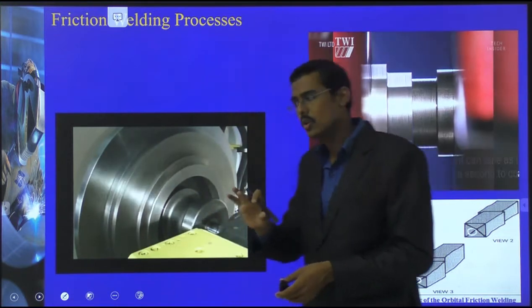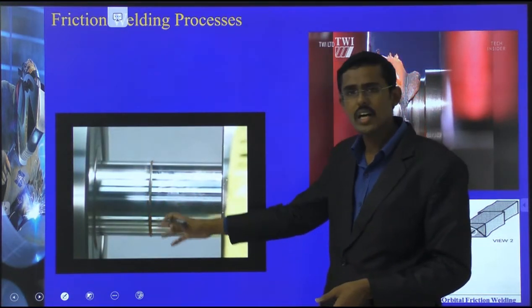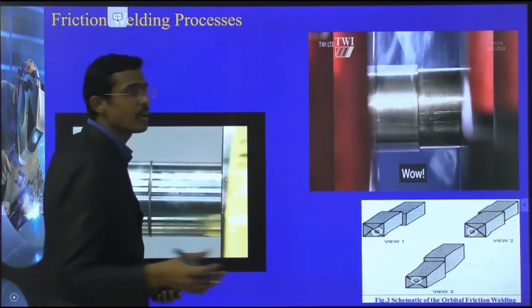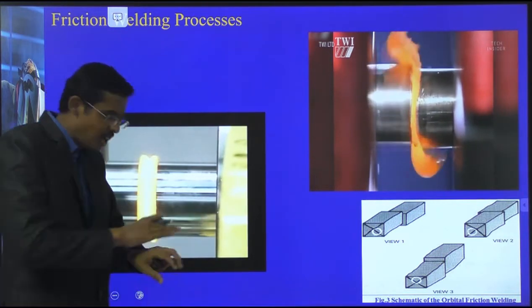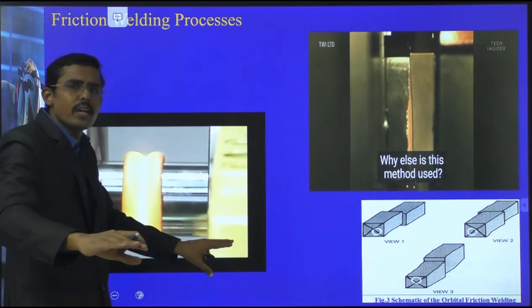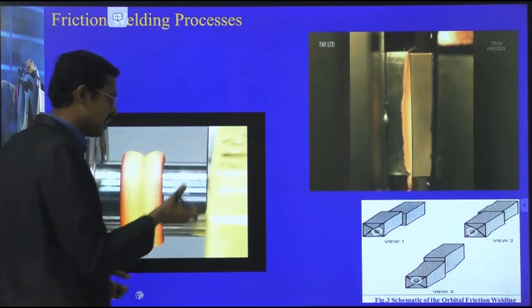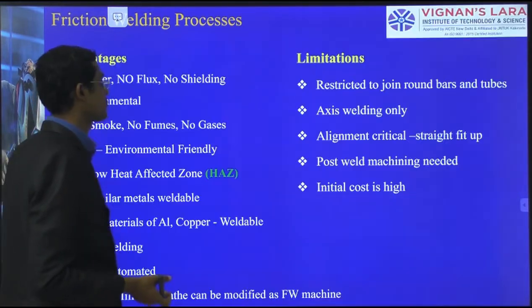We can do the welding this way. In the same video, we see how they are doing friction welding. Very simple, but only applicable for rod type or square joints, not plates. Plate is not possible; a thin long plate is not possible to weld. There has to be some thickness, like a square or round bar, for welding.